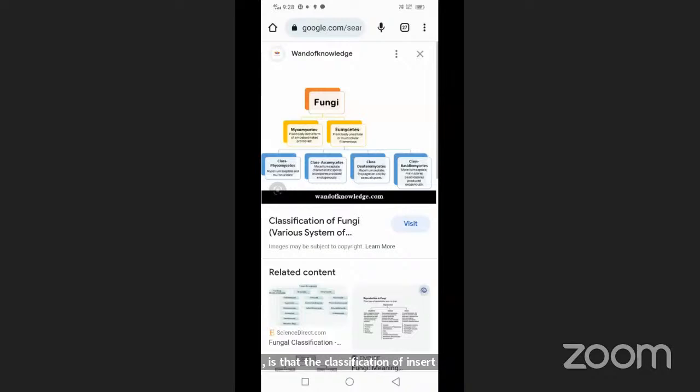Next one, what are the importance of the fungi? Mainly the importance of the fungi is that they affect agriculture. Okay, agriculture. And next one, some are the downy mildew diseases, especially wilt.